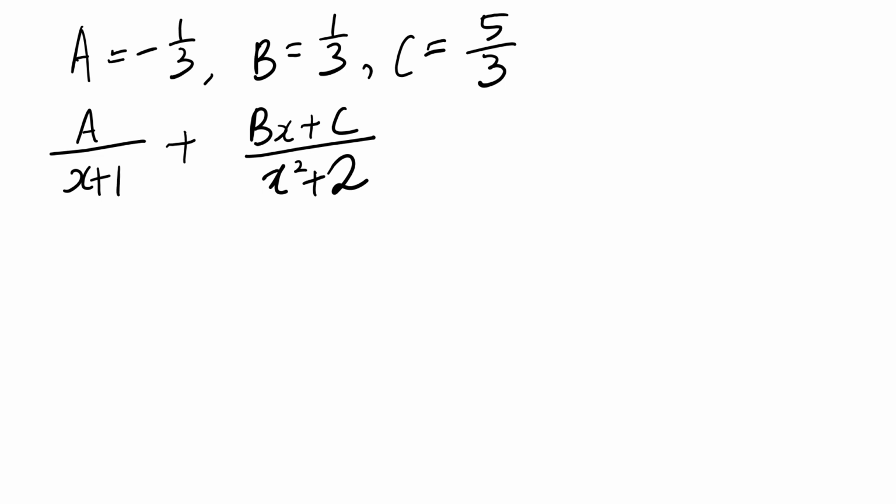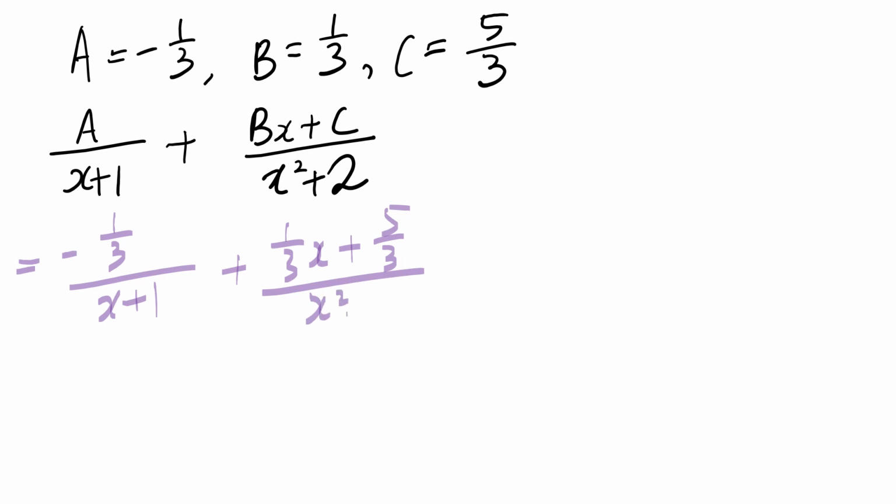So we found the values for all our constants A, b, and c that substitute into the partial fractions. We would have negative 1/3 over x plus 1 plus (1/3 x plus 5/3) over x squared plus 2. We're going to use the same trick that we have done earlier, times 3.